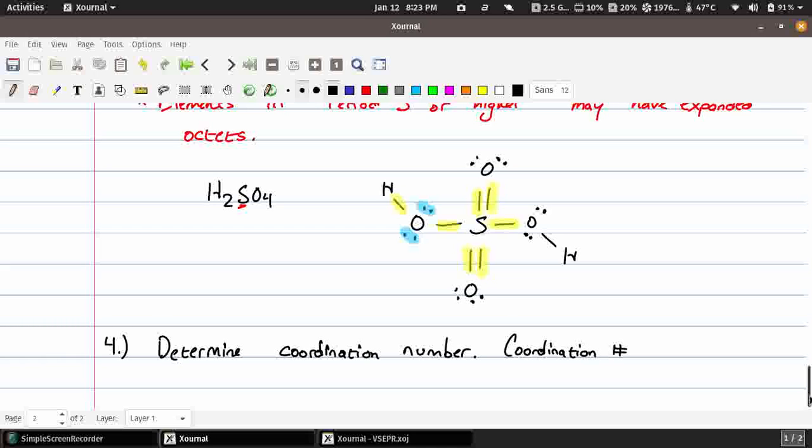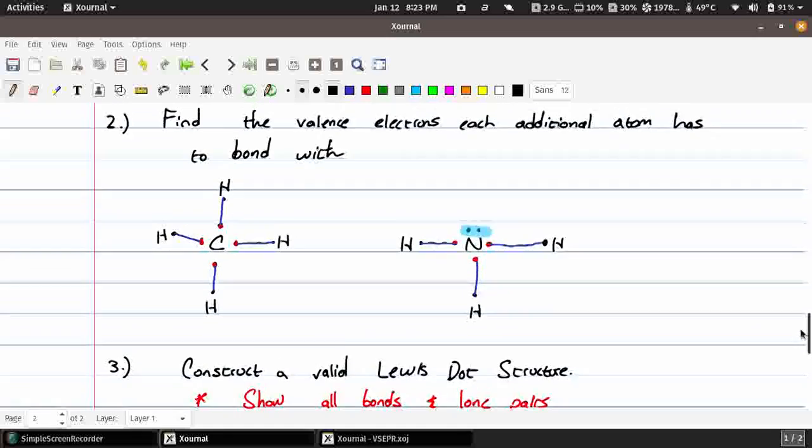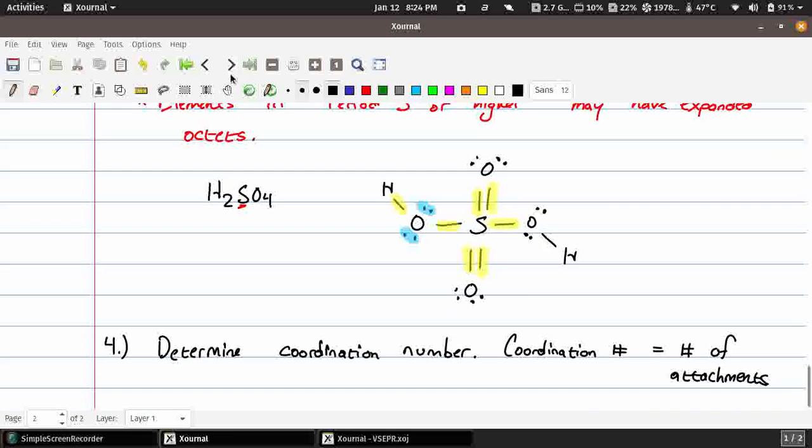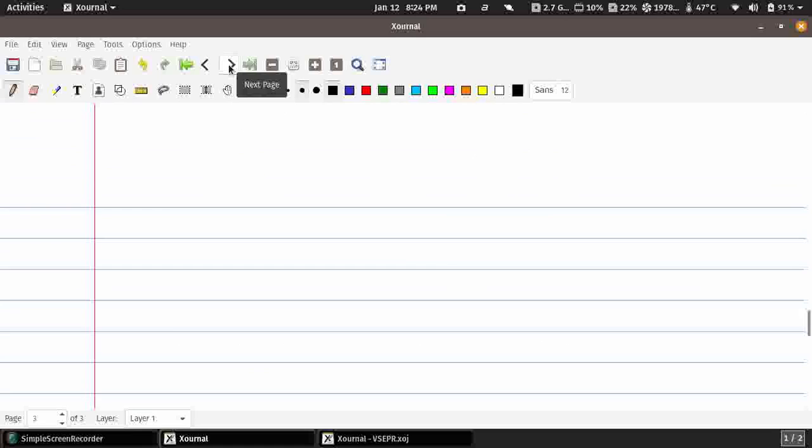Or you could just, honestly, go by the number of attachments. You have 4 right here, it's going to be tetrahedral. 4 right here, tetrahedral. 4 right here, but this one's non-bonding. Even though you have 4 attachments, its coordination number is 4, so it's going to put you in the tetrahedral electron geometry, but this is actually a trigonal pyramidal. Anyway, so on to the next step, because I'm trying to keep this kind of short.